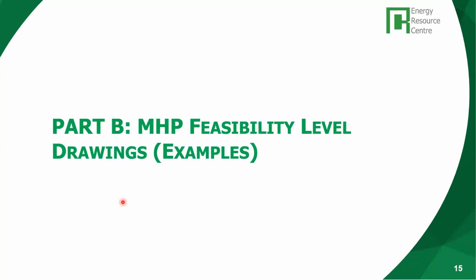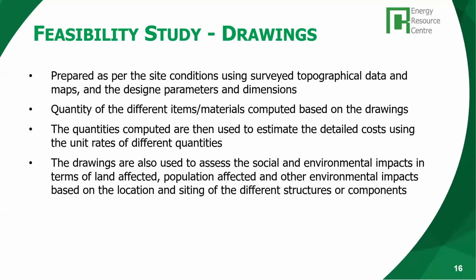When you do a feasibility study, we do a technical feasibility level design. So we have to get the description and size of the different components of a mini hydro project, and for that we need to prepare drawings showing the different components, the structures.